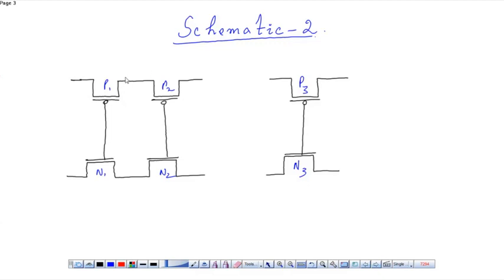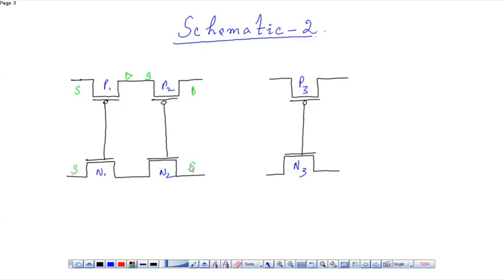We have the drain of PMOS1 and source of PMOS1 shorted. Then this is the source terminal of P1. This is the drain terminal of P2.